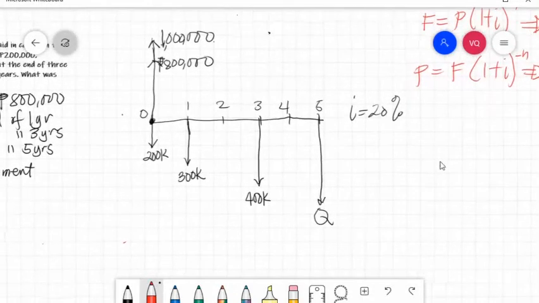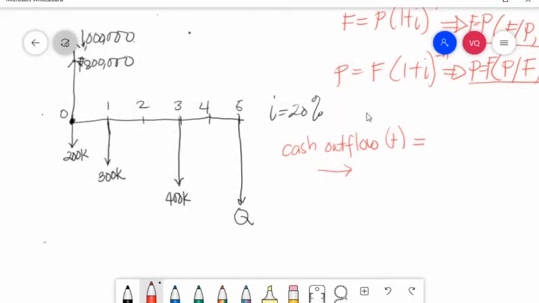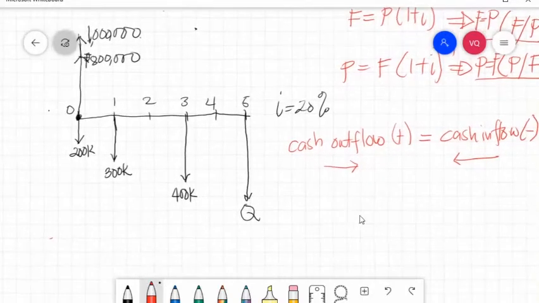We will analyze our cash flow diagram. A while ago, I said that cash outflow will be positive and it is going to the right, equal to cash inflow, which is negative, going to the left. Okay.